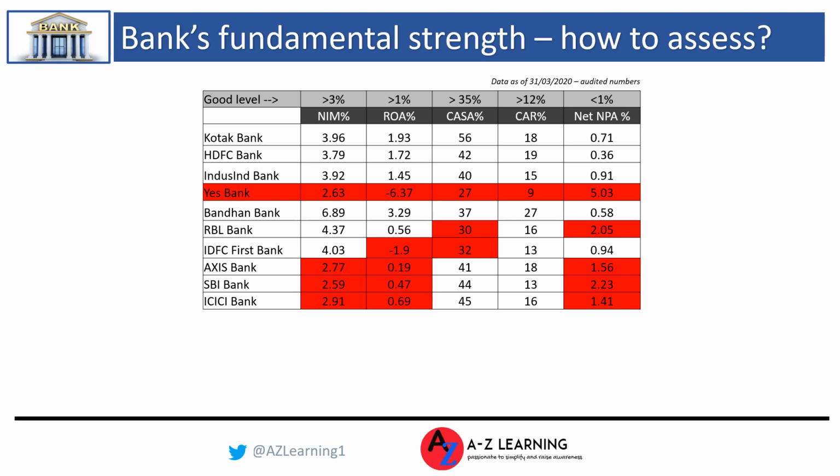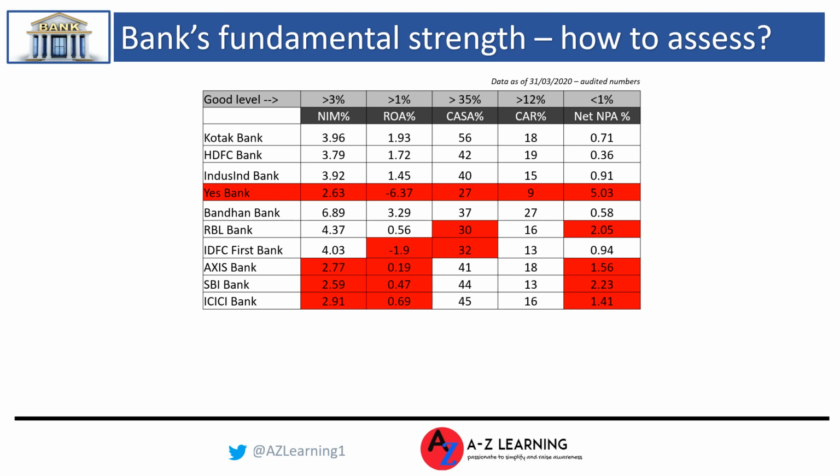Then comes the set of banks, RBL, IDFC, Axis Bank, SBI Bank, and ICICI Bank. They all have got between 2 to 3 red flags. So for example, RBL Bank, while it's good on net interest margin, no issue, is not good on return on assets, it's only 0.56.